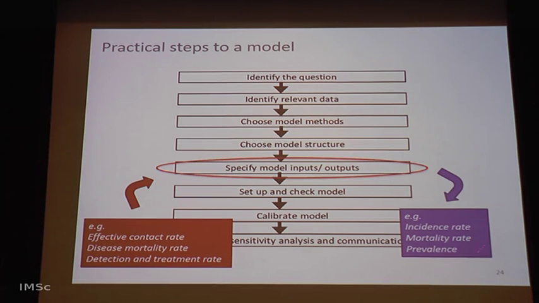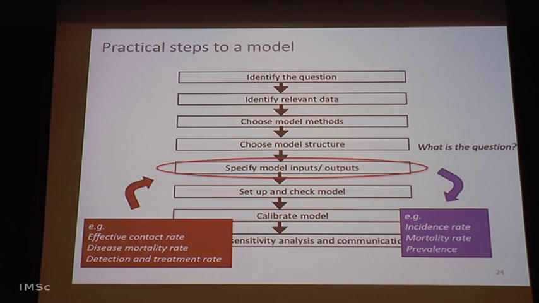So you need to make sure that your model is going to give you an output that allows you to answer your question, and also that your model gives you output that can be linked back to the data. So for example, if you want to match to mortality data, then you need to make sure that you're building into your model appropriate and well-informed mortality rates.